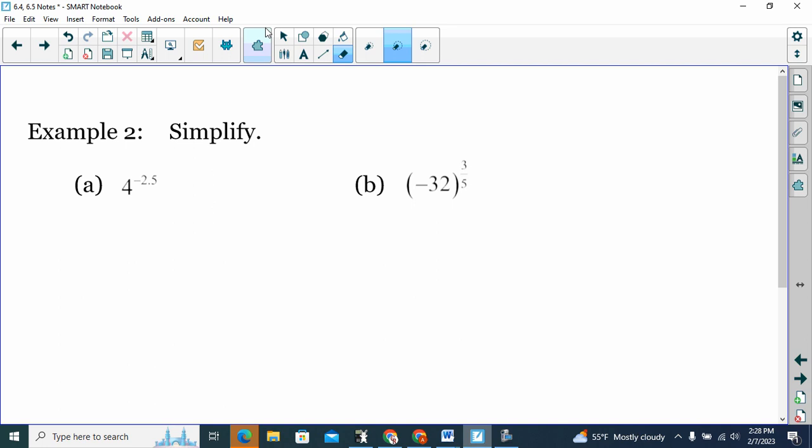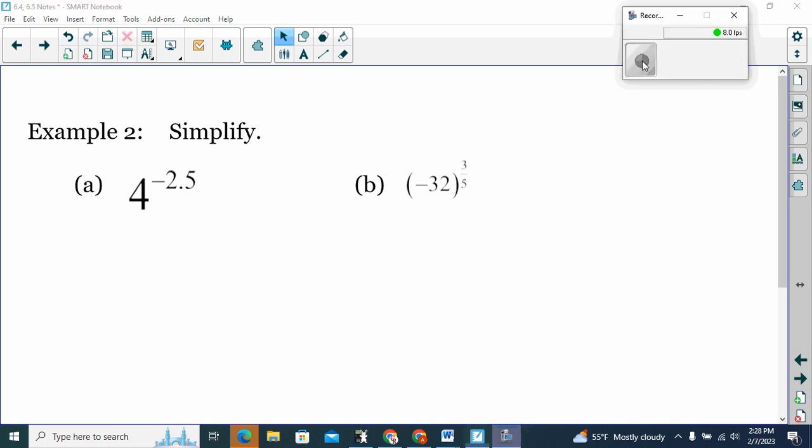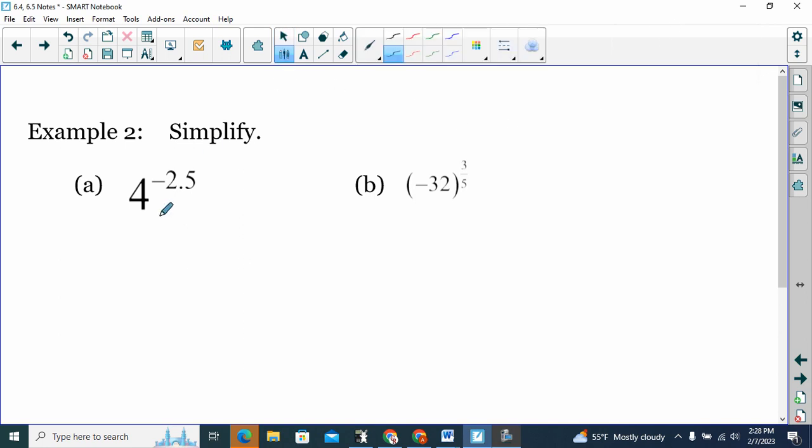Example 2 asks us to simplify each of the following. In part A, we are given 4 to the negative 2.5 power. 2.5 is 5/2. I would rewrite it as an improper fraction, and now we can try it the same way we did the previous one. 4 to the 1/2.